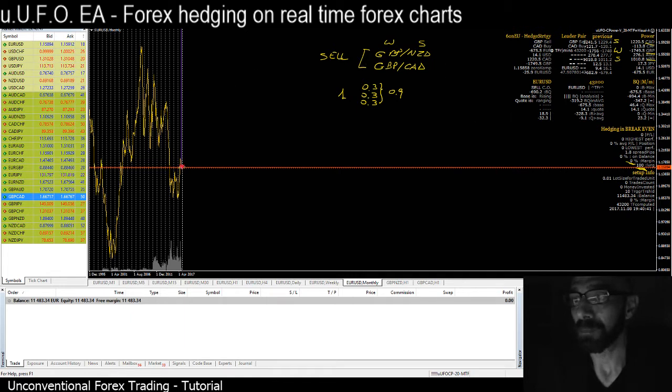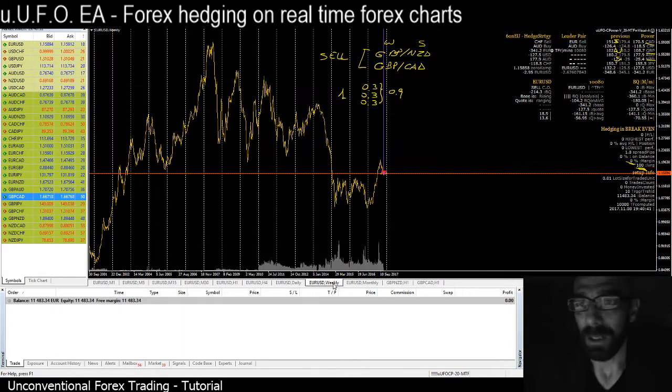If we take a look to a weekly time frame, CAD is still strong, GBP is getting strong, and New Zealand dollar is getting weak. This is why I closed the trades.